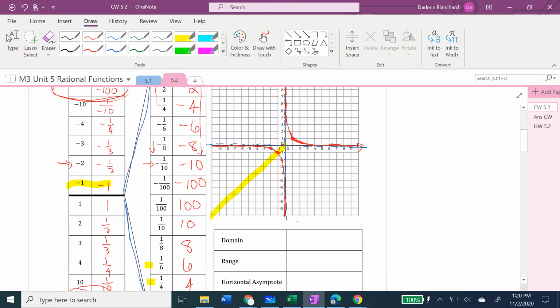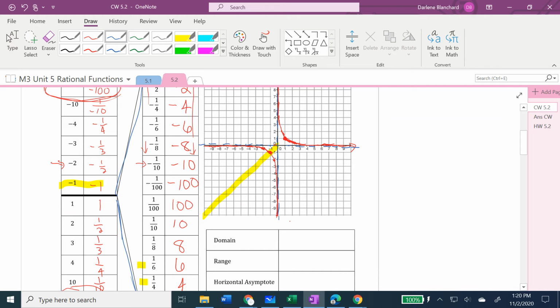Now, do you see that if I look at the domain, it's everything except one number? What one number is not in the domain? Where does the x value of 0 lie? Good question. When x is equal to 0, it's undefined.